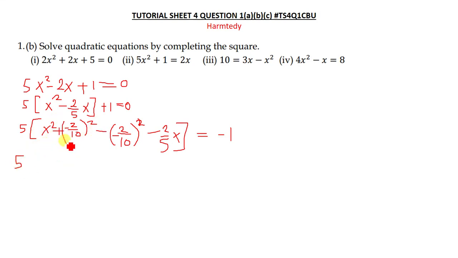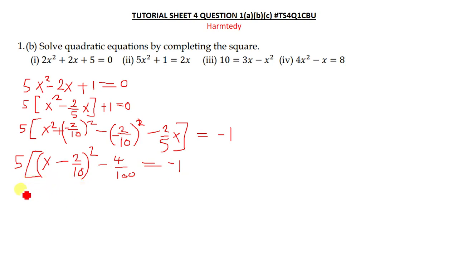So we're going to have something like this: x minus 2 over 10 squared. Then we have minus 4 over 100. You open the brackets there. Then is equal to negative 1. So you take this to the other side of the equal sign.